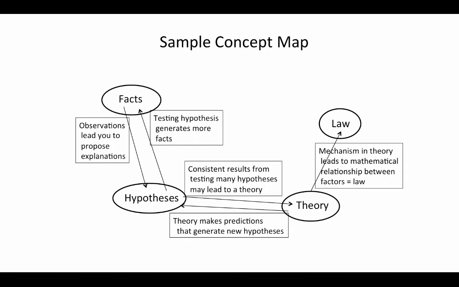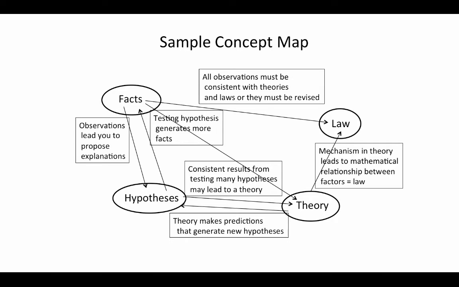That's how they're related to each other. And we know for both theories and laws, all observations need to be consistent with those theories and laws. If any of these observations, any of these facts that you gain from testing hypotheses, from doing experiments, are not consistent with the theory or the law, the theory or the law needs to be revised to take into account these new observations.